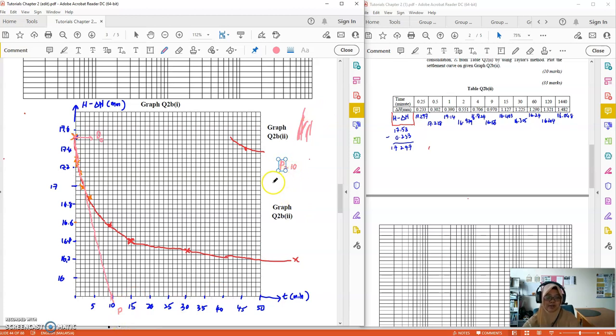I hope you still remember, we need to obtain Q. Q is 1.5 times P. So 1.5 times 10, we get 15. So reread again, we read 15 at the graph. This is the Q point.